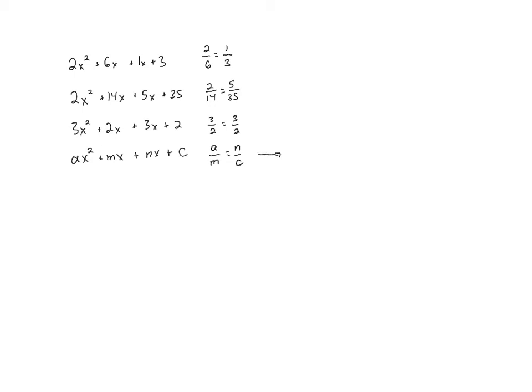However, when we cross multiply, we end up with m times n equals a times c. So in this case, we can see that these numbers, m and n, have a product equal to ac.